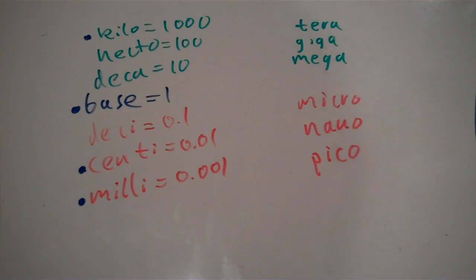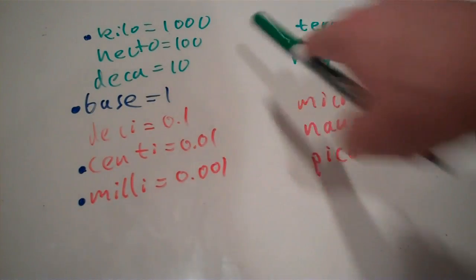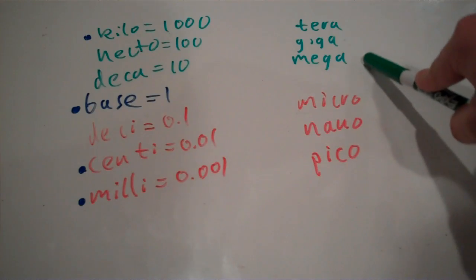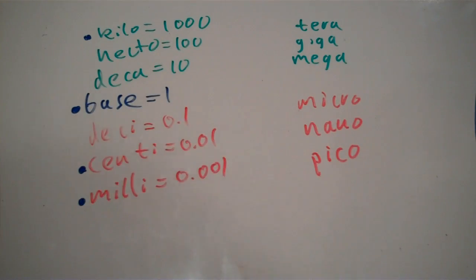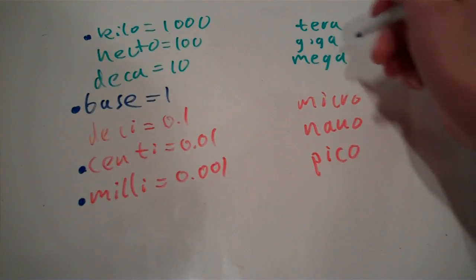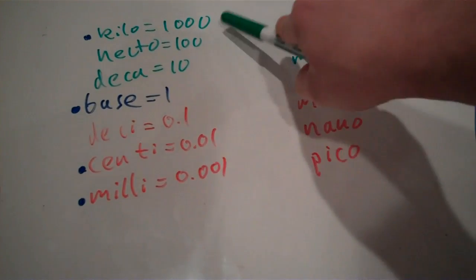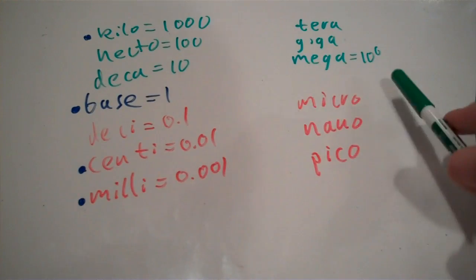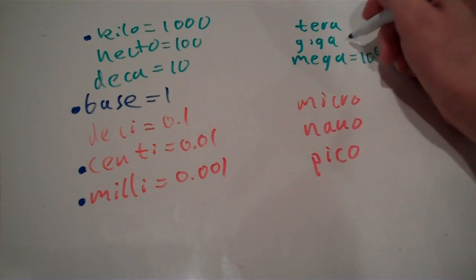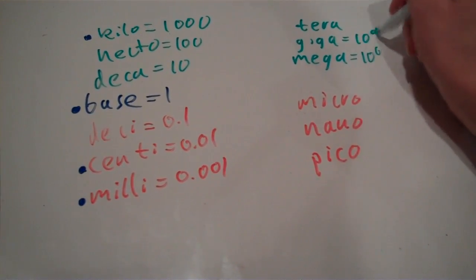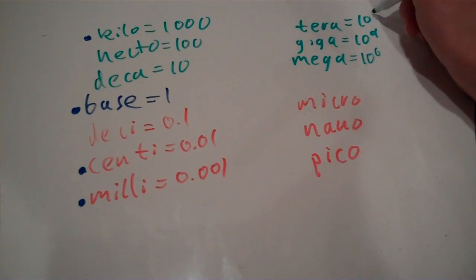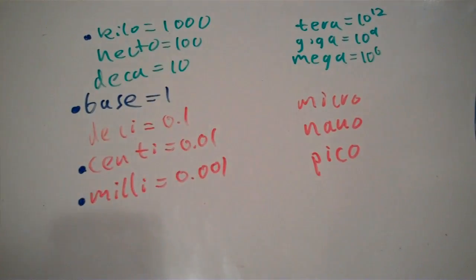Now, whereas the previous prefixes went by a power of 10, these prefixes go by a power of 1,000. So, mega is 10 to the 6th, because kilo is essentially 10 to the 3rd, so this is now 10 to the 6th. Giga is 10 to the 9th, and tera is 10 to the 12th.